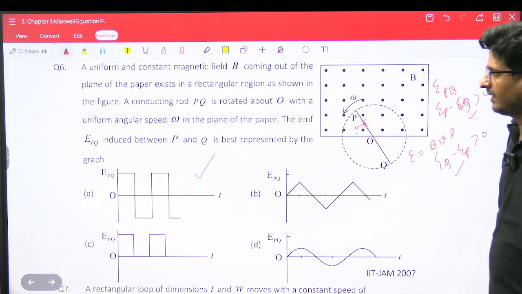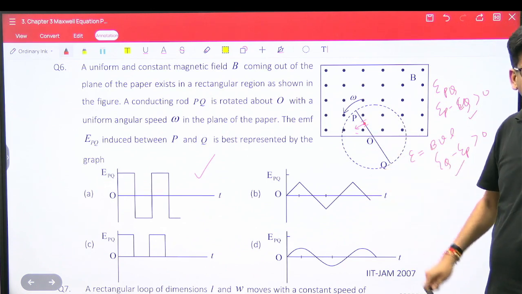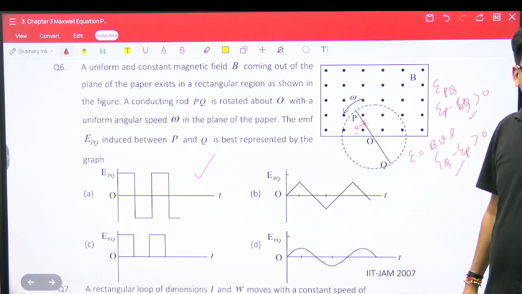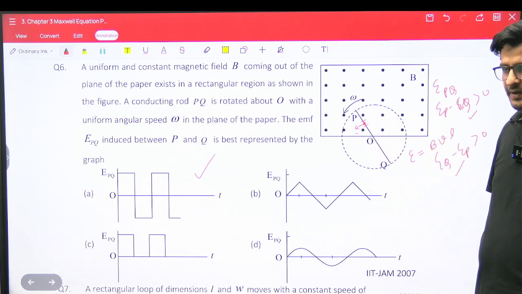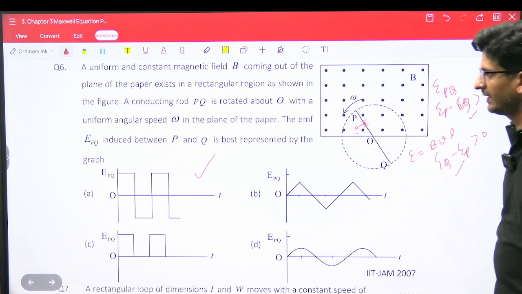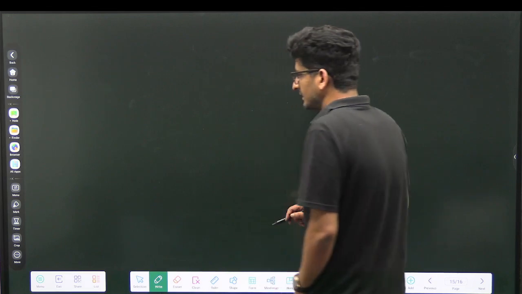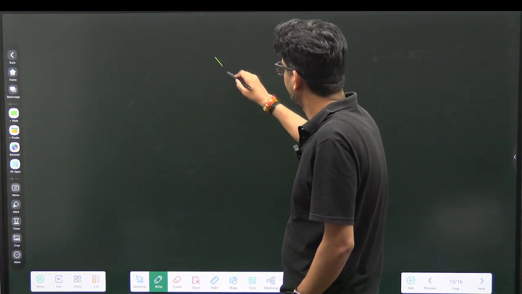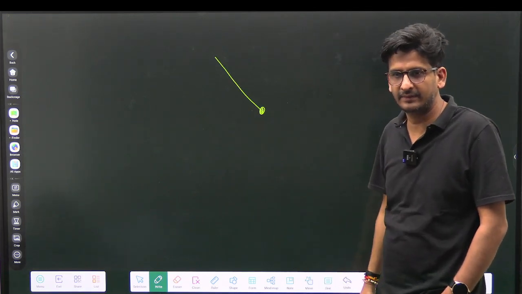And if you want to see actually how the EMF is developed for a rod which is moving in a magnetic field, that is a very nice explanation I can show you. Just see this. Suppose there is some rod, and this rod is rotating in a magnetic field.